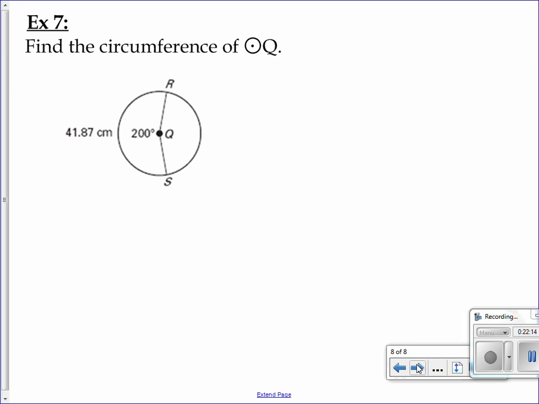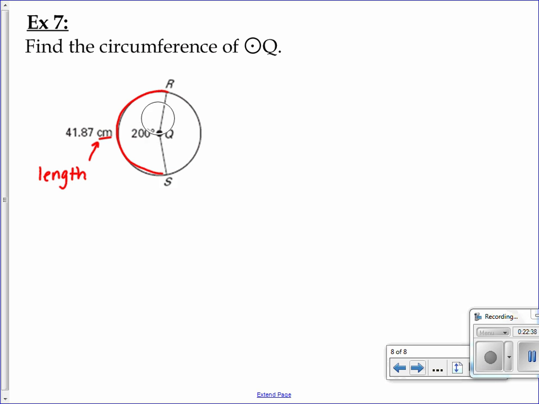All right, last one. So now we are going to find the circumference of circle Q. So let's take a look at what we've been given. We have an arc with centimeters. So again, is that the arc measure or is that the arc length? That is length. Now, we've also been given the central angle that goes with that arc. It's 200.